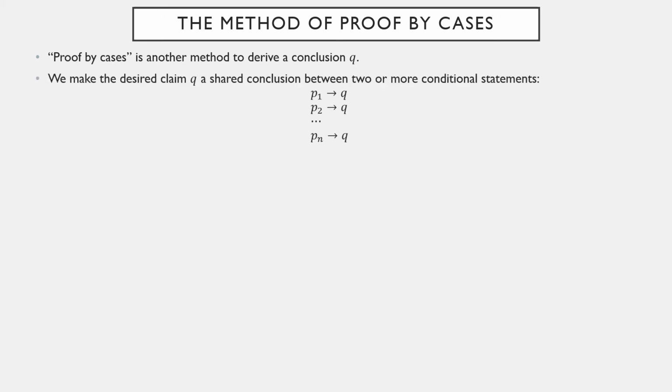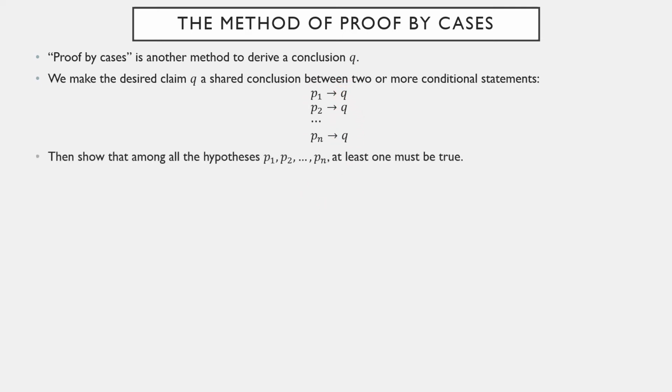Well, there are other proof techniques. For example, proof by cases. This is a way to derive a specific conclusion, Q. This thing you're trying to show, Q, hopefully you can establish it as the conclusion of a bunch of different conditional statements where the hypotheses are different, note, but the conclusion is all Q, the thing you're trying to show.